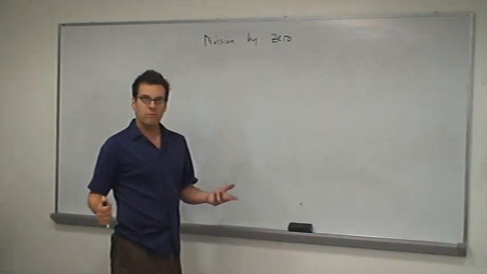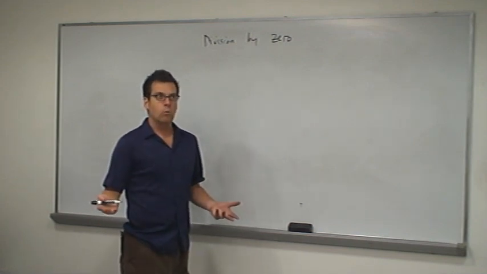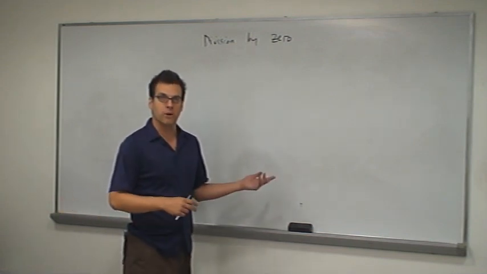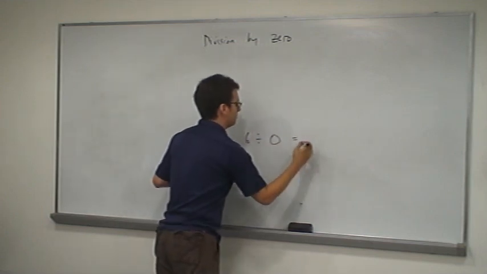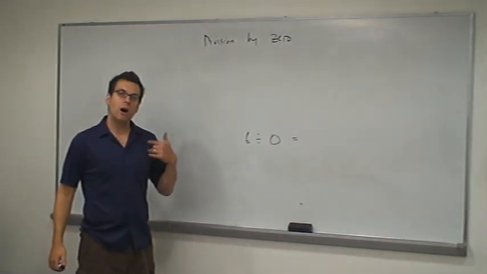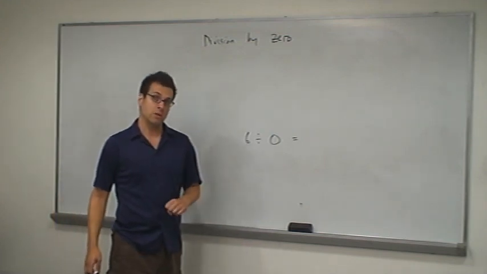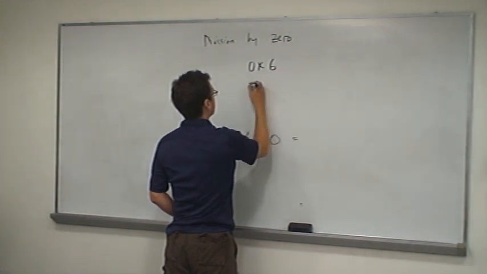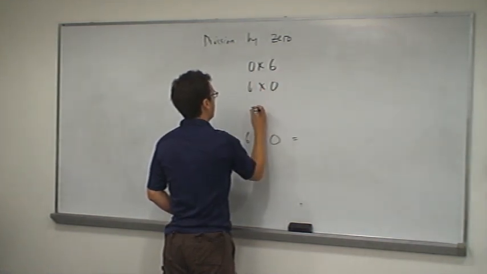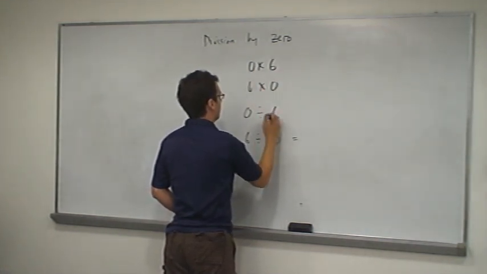So, for example, if this topic wasn't treated, how would a student interpret a problem like 6 divided by 0? Think of all of the other multiplication and division problems that involve 0. So we might have 0 times 6, we might have 6 times 0, and we might have 0 divided by 6.